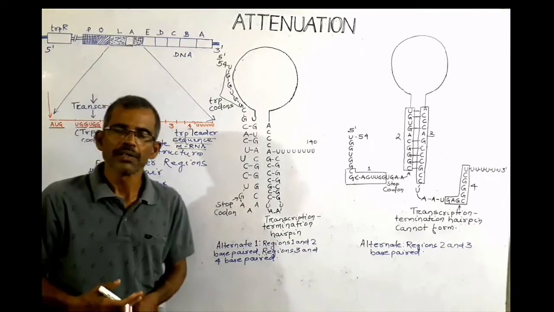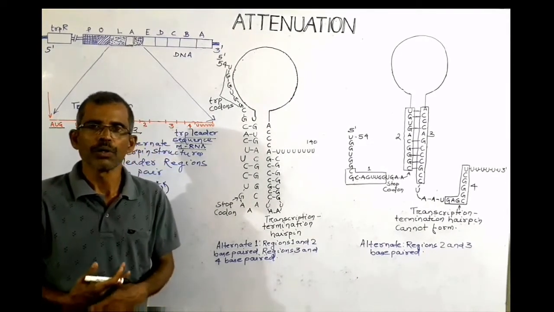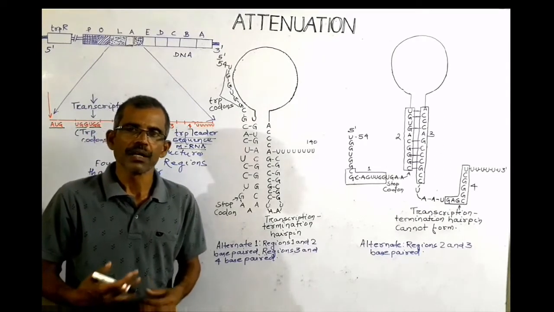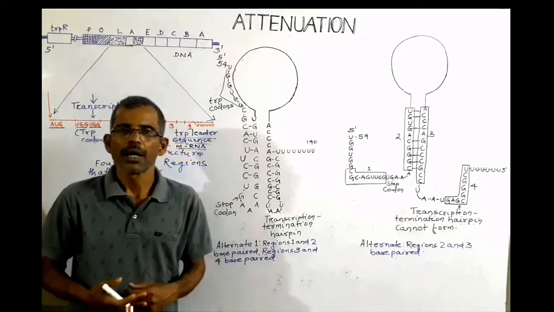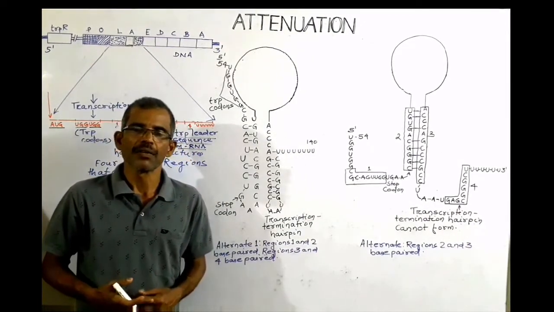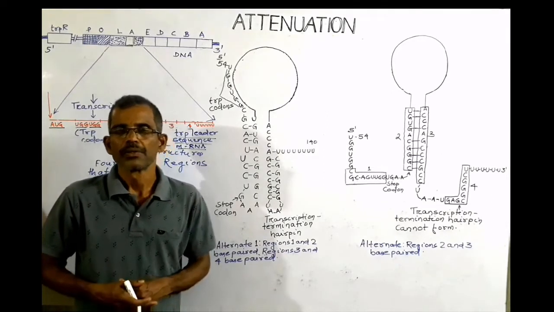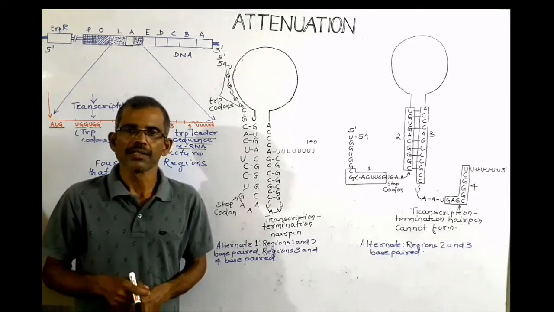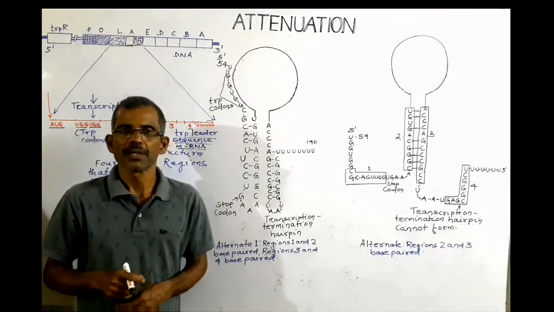Already you know that in prokaryotes there is no membrane bound nucleus, so the process of transcription is coupled with translation. That means the mRNA can be translated while its synthesis is still going on. So any event that occurs during translation can also influence the process of transcription.